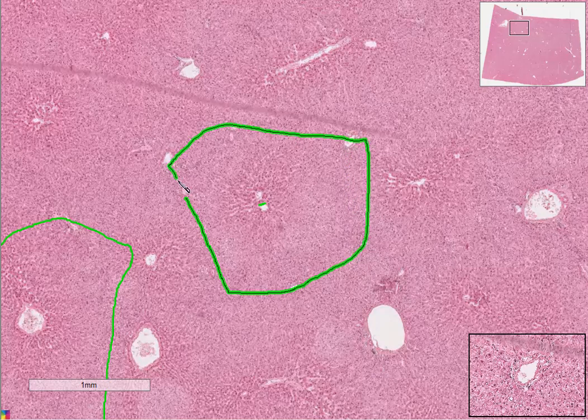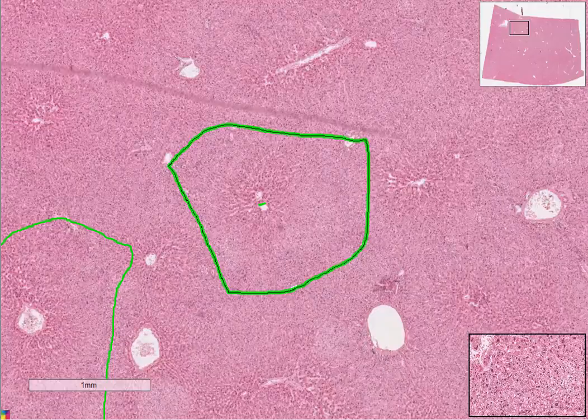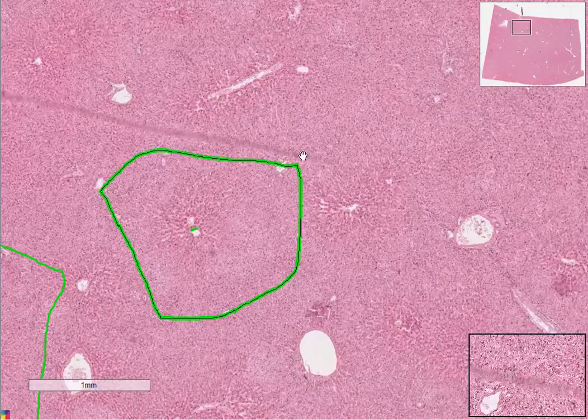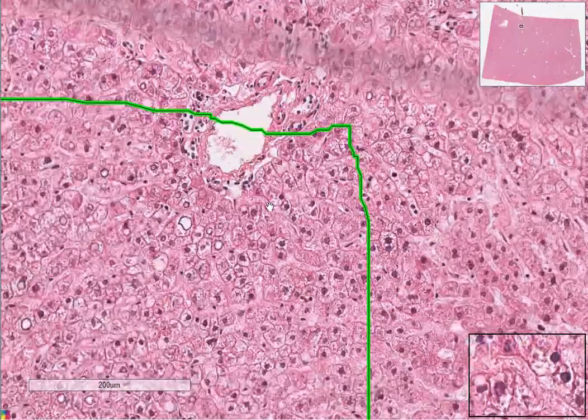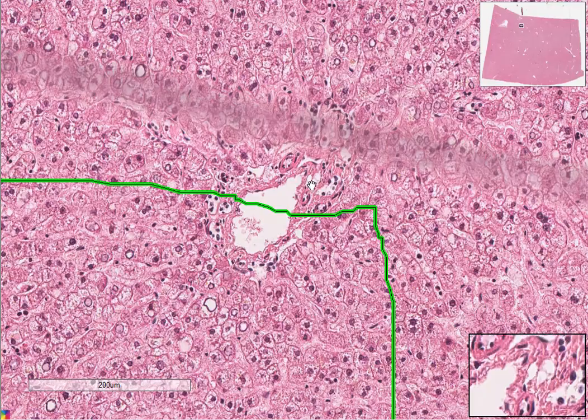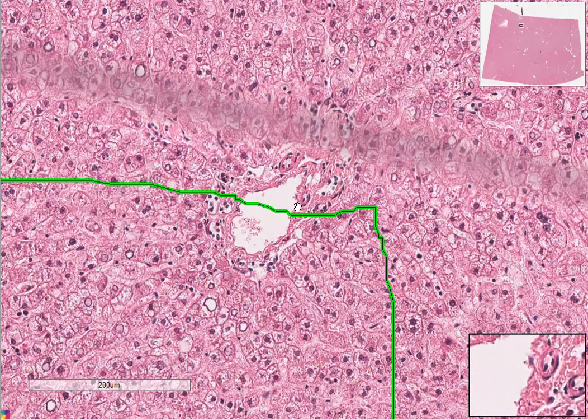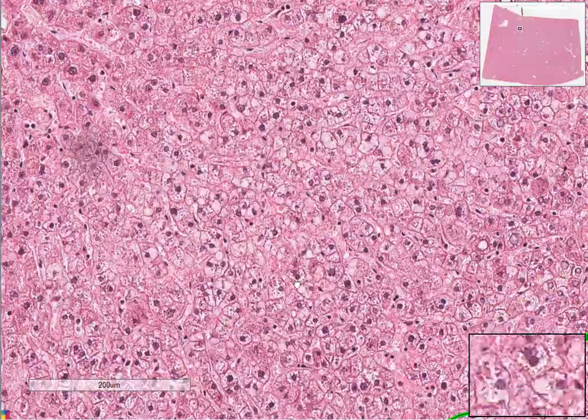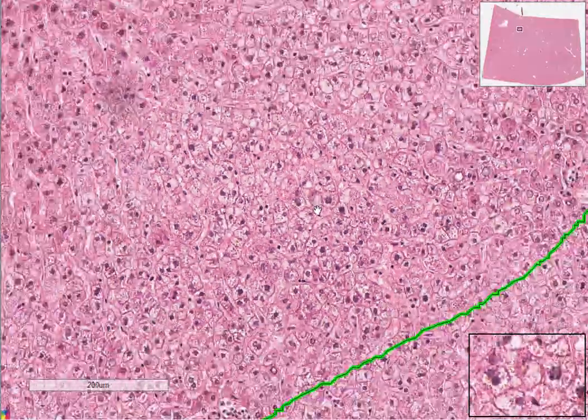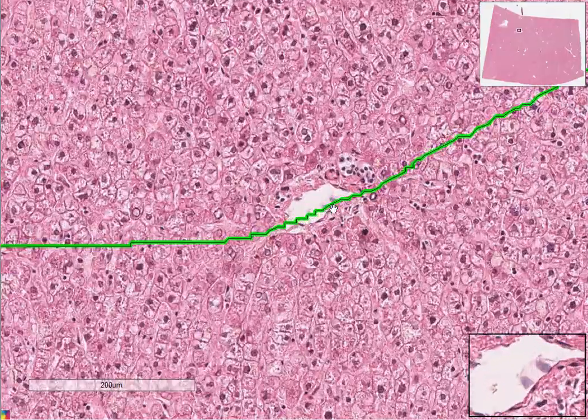And if we go to higher power, we can see something like about that there. Vein and artery there. And even if we go this side, we can still see the same.